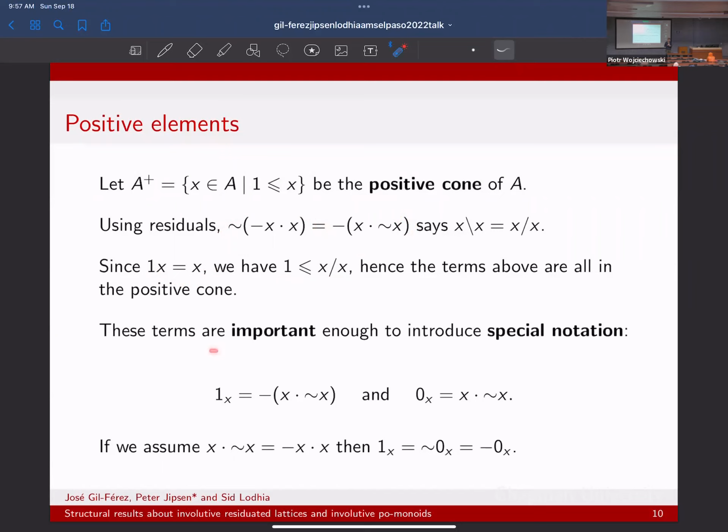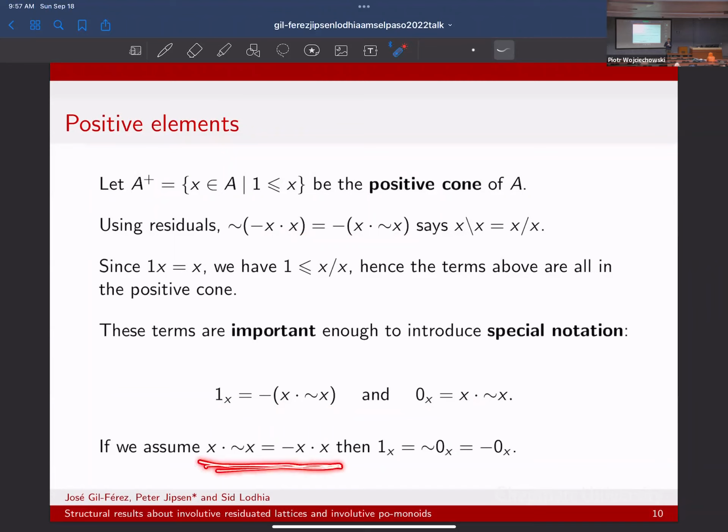And these terms are important enough in our discussion that we give them a name. These are the local identities. So 1x and 0x are these two terms. And if you assume this identity, then you don't have a bias in how you define them with tilde and minus. So that's one of the reasons we need some identities here.